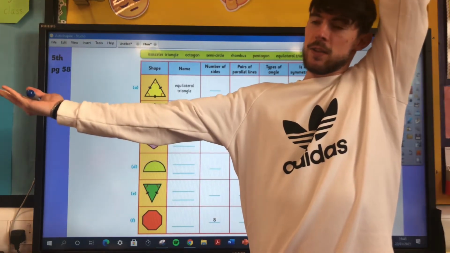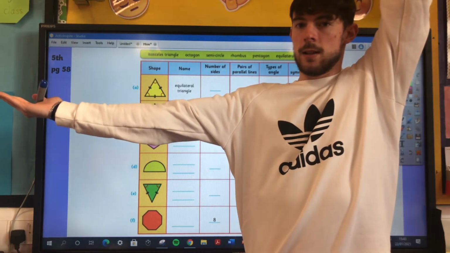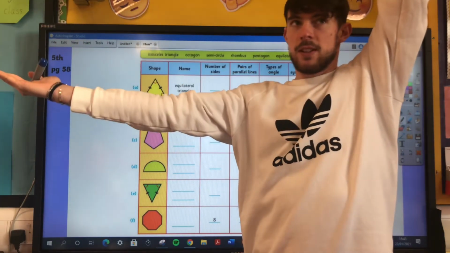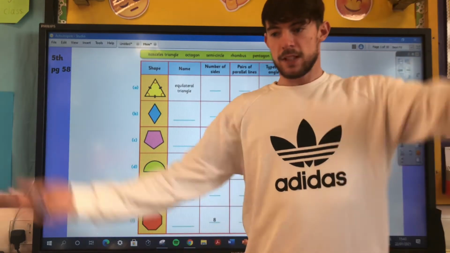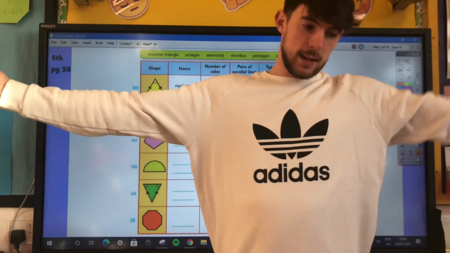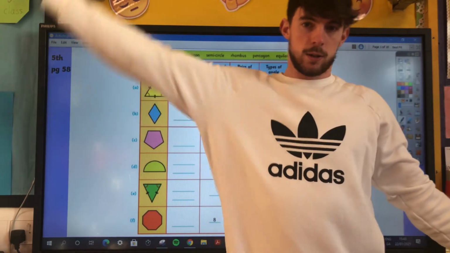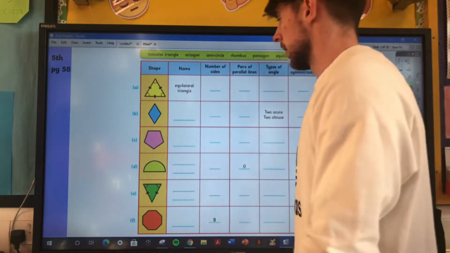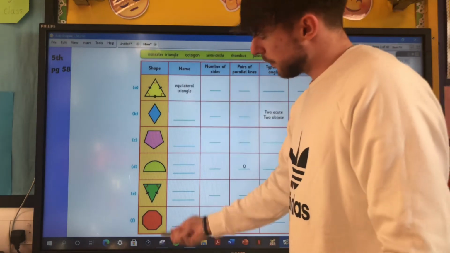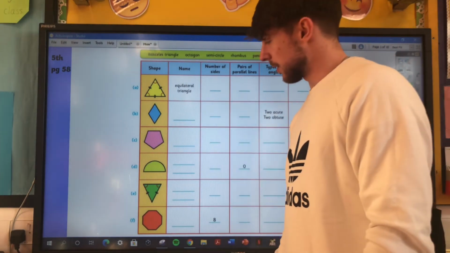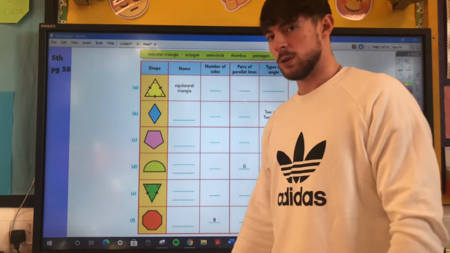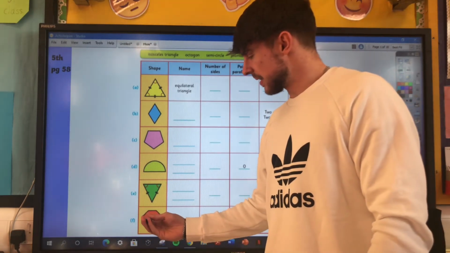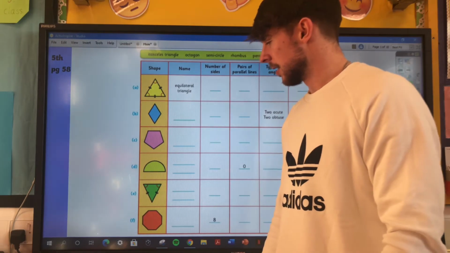If it's smaller than 90 degrees, it's acute. If it's bigger than 90 degrees, it's obtuse. If it's bigger than a straight, it's reflex. I don't think you'll have any reflexes here because they're all normal shapes, right? On the external angles you'll have reflex, but on the internal ones you won't. So we're looking for just the angles inside in the middle of them, alright?